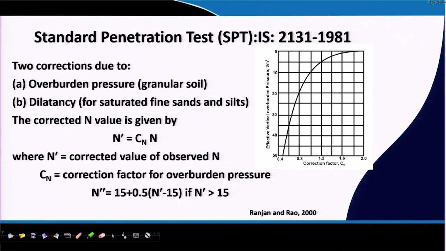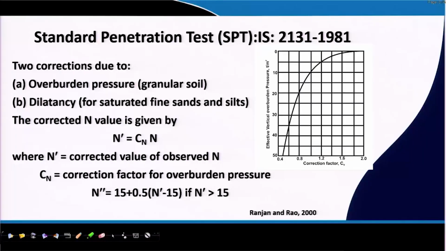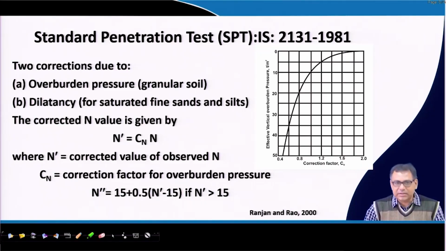Even after application of the latency correction, your N value will also decrease. But only if the N dash value is greater than 15 will we apply the latency correction, and I have also discussed why.